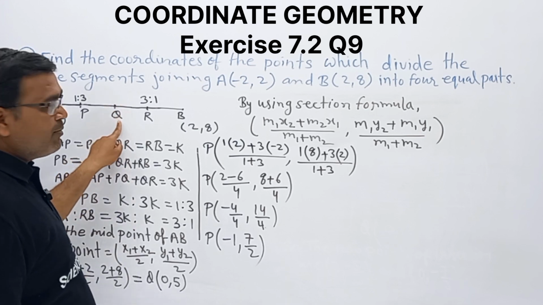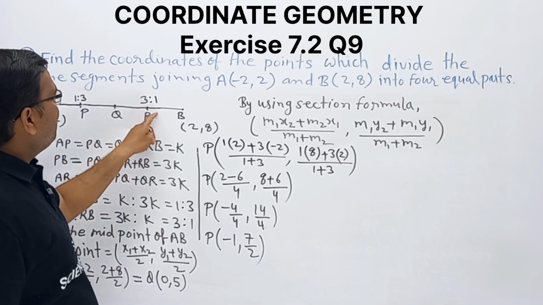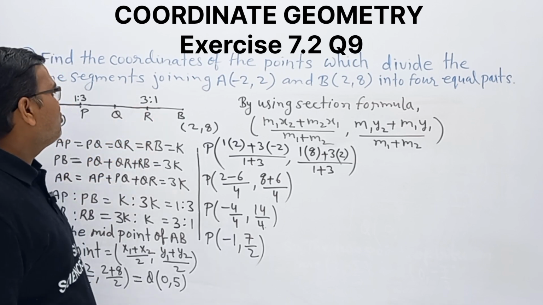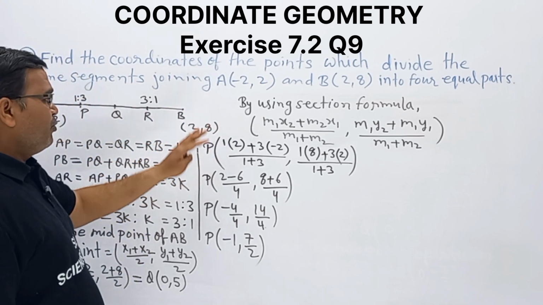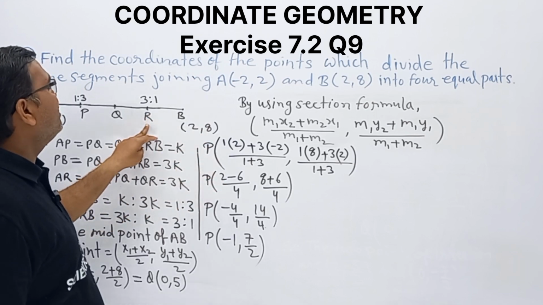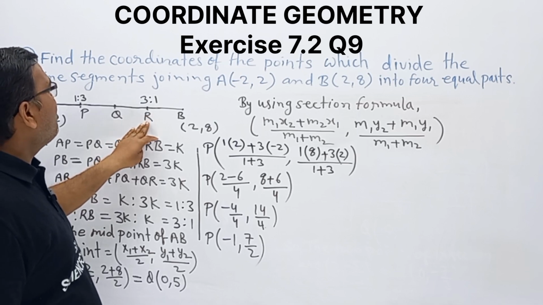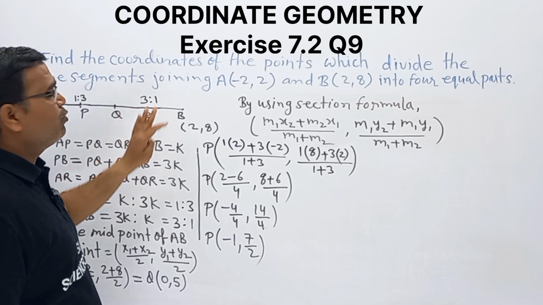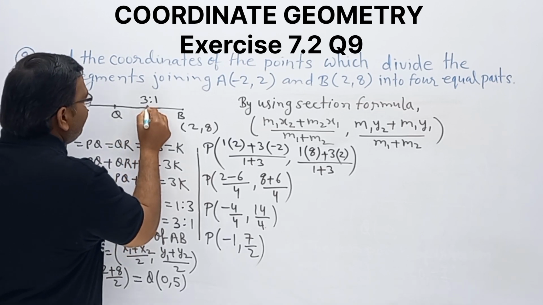Q we already obtained by using the midpoint formula. Now only this point is remaining. So by using the same section formula process, we will find the coordinates of point R. First, how do we get its ratio 3:1? Observe this point.